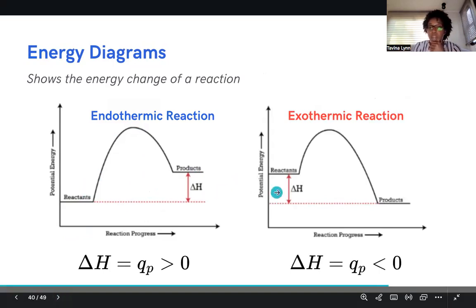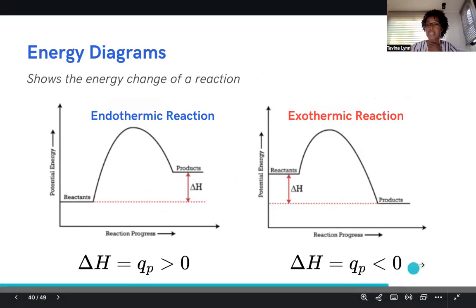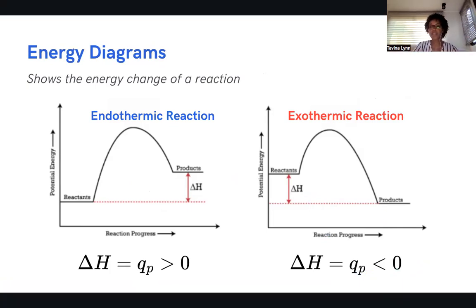Here, our reactant starts at a higher energy, and once it progresses to products, it decreases in energy. So the change in enthalpy, delta H, is less than 0. As this reaction progresses, it gives off heat, and it's an exothermic reaction.